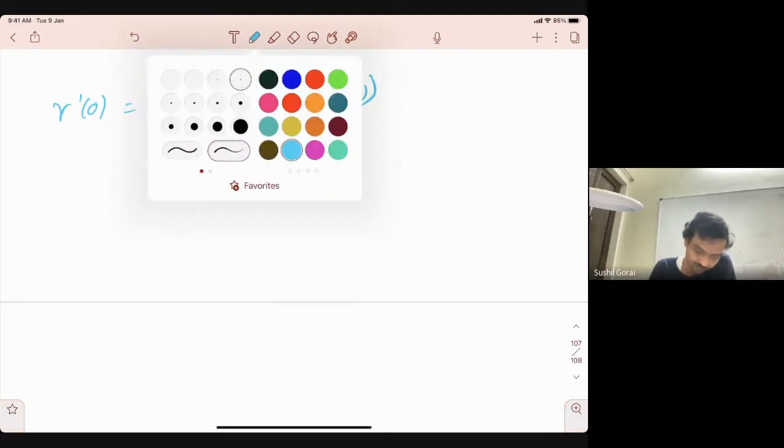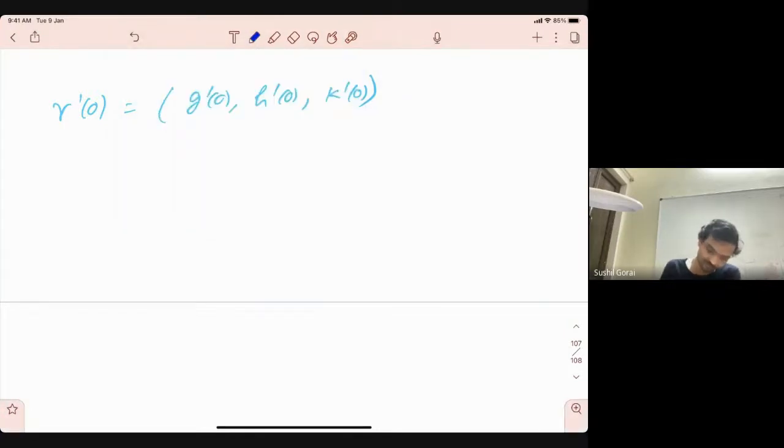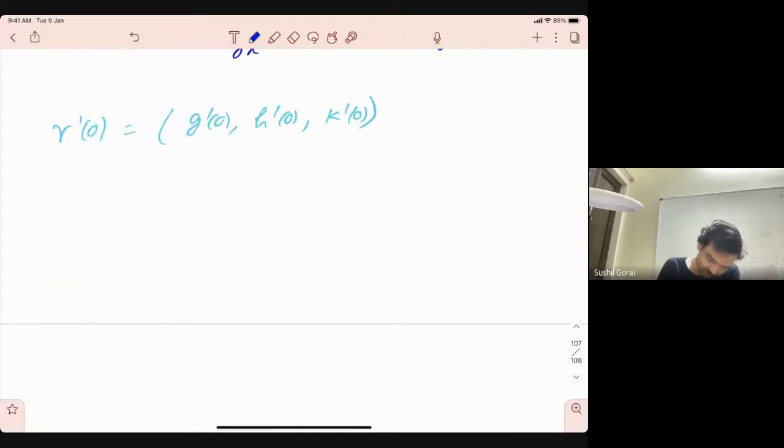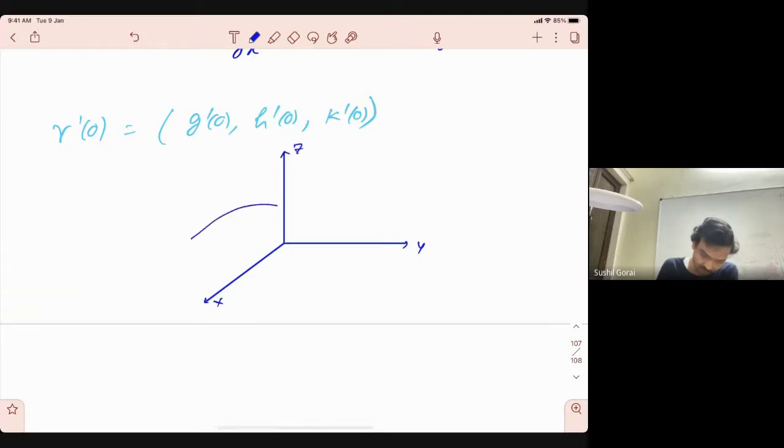Let us try to draw the picture. So you have a surface in R3, X, Y, Z, and suppose you have a surface, something like that.